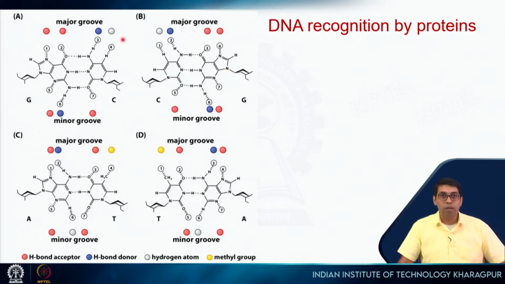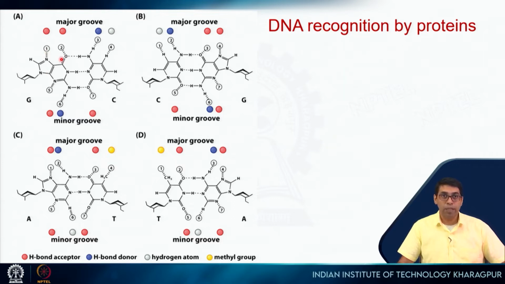This part of the base forms the major groove and this other side forms the minor groove. And if we look at the functional groups which are exposed that the side chains of proteins or amino acids on the proteins can interact with, then we will see these are the functional groups which are available in the major groove. So this is red, hydrogen bond acceptor.